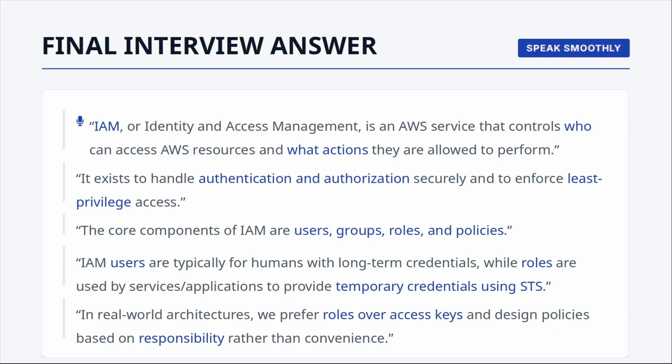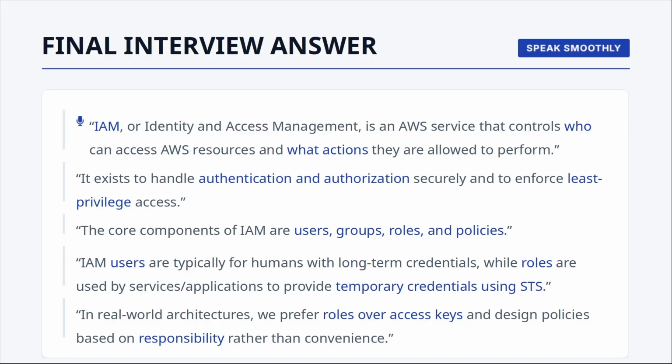IAM, or Identity and Access Management, is an AWS service that controls who can access AWS resources and what actions they are allowed to perform. It exists to handle authentication and authorization securely and to enforce least privilege access. The core components of IAM are users, groups, roles, and policies.